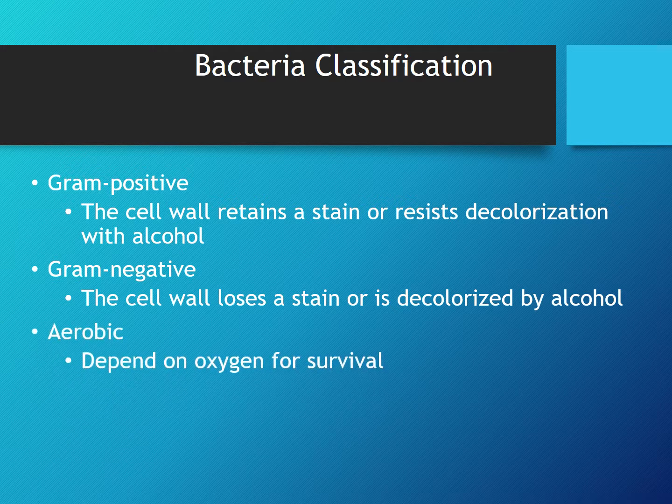We'll also talk about bacteria that is aerobic, or depends on oxygen for its ability to survive, versus anaerobic bacteria that do not use oxygen. Those are things that we need to know about the bacteria itself so that the correct anti-infective or antibiotic is used.